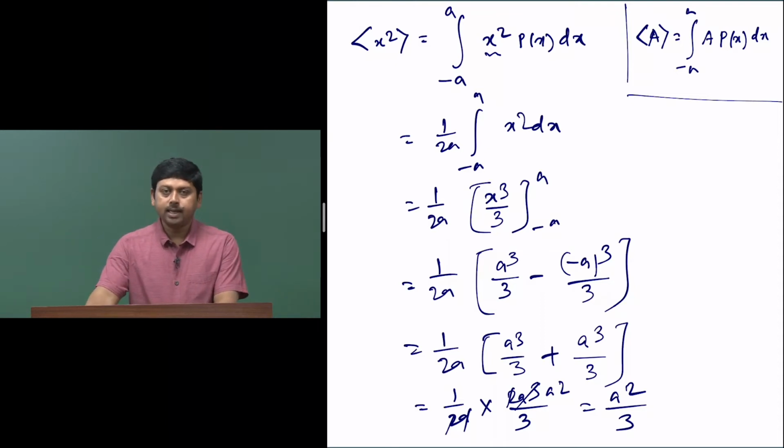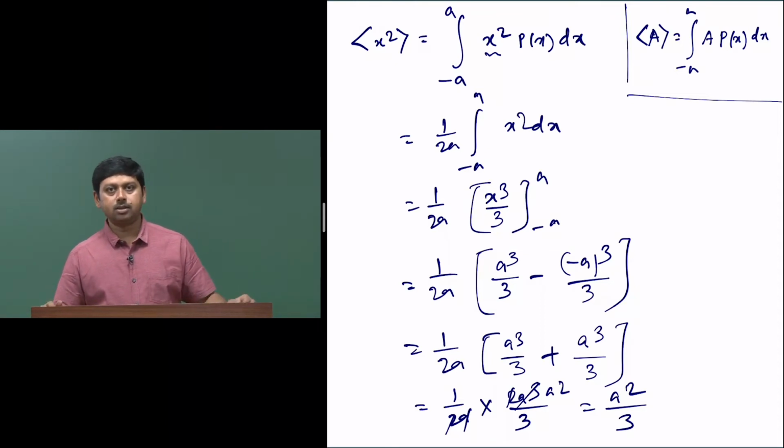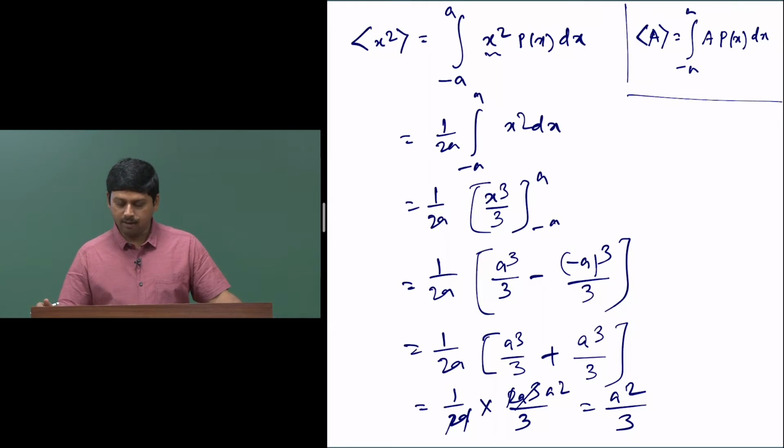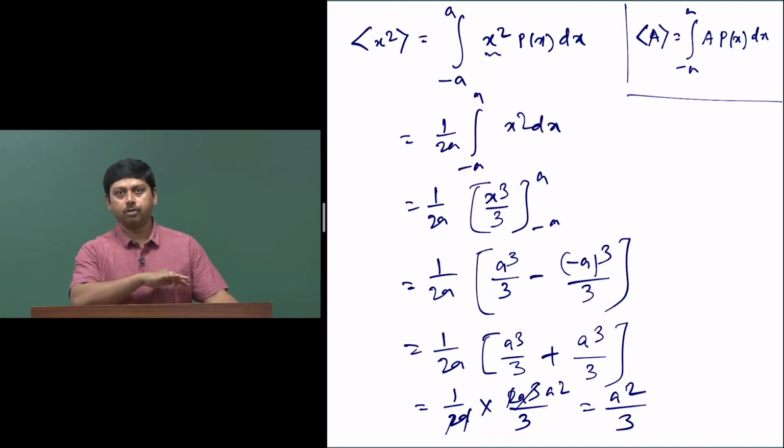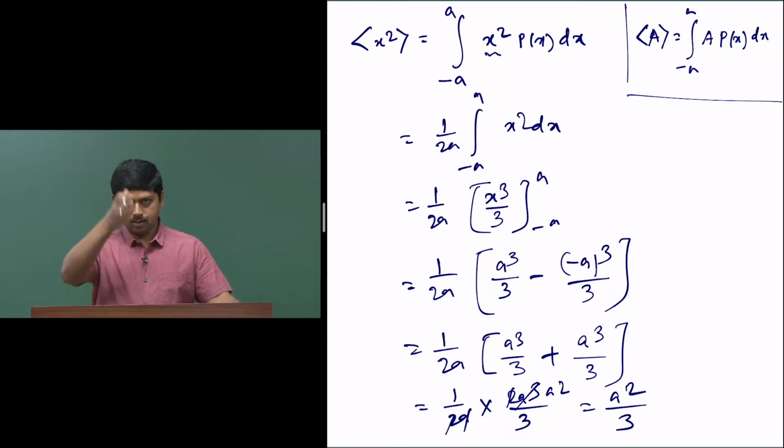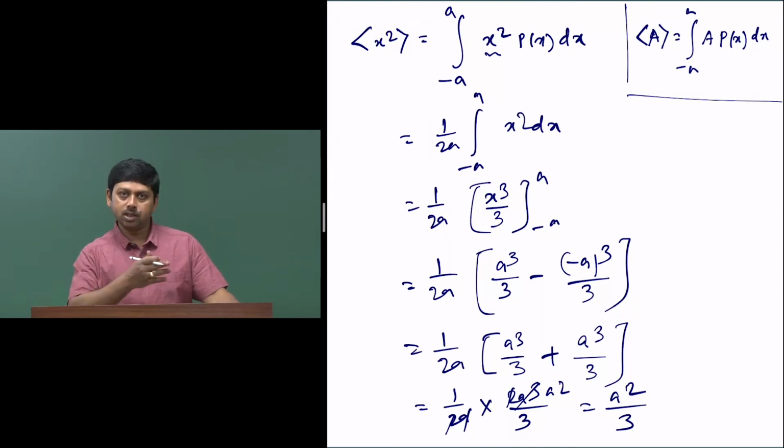Just to tell you, the x average is called the mean and the x square average is related to the variance. Here the mean will be 0, because it is a flat distribution, it can be anywhere from minus a to plus a, so the mean is in the middle. The standard deviation gives a measure of how much it varies, and it turns out that it is not the full a.